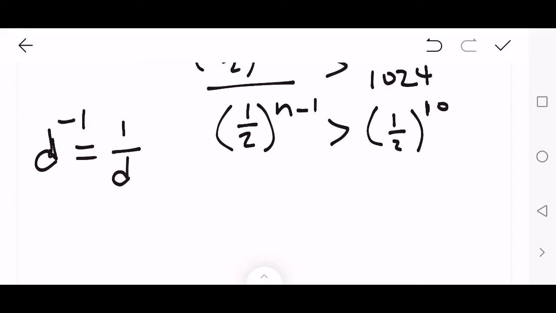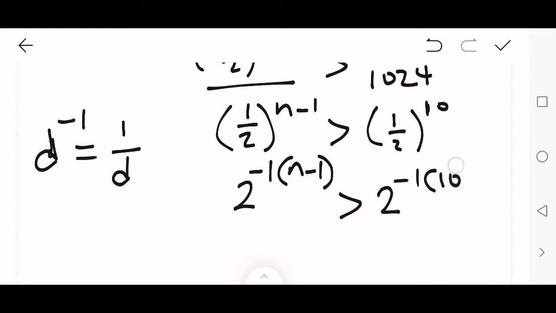So this is an exponential law. So we can change this and say 2 to the power minus 1 to the n minus 1 is greater than 2 to the power minus 1 times 10.